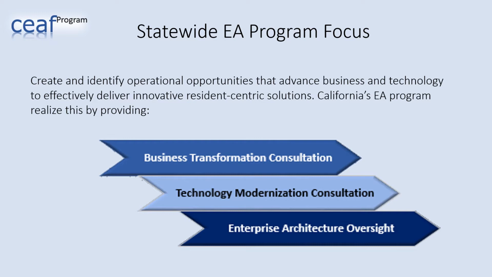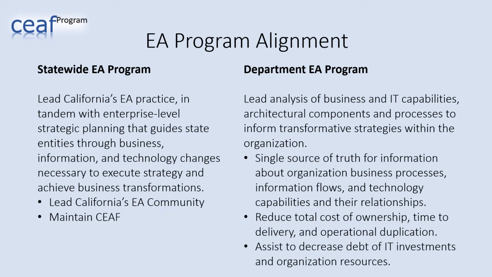EA programs support their organizations by connecting department goals to organization activities and resources, supporting operational investments and management decisions, and standardizing policy that govern resources and implementations. The framework strives to create alignment for department EA programs to the state EA program.